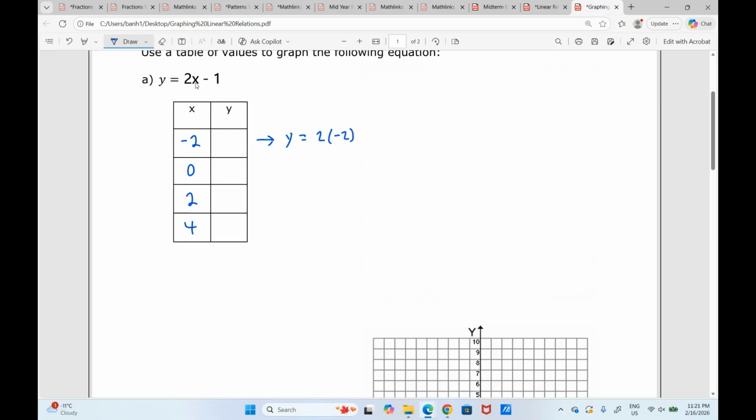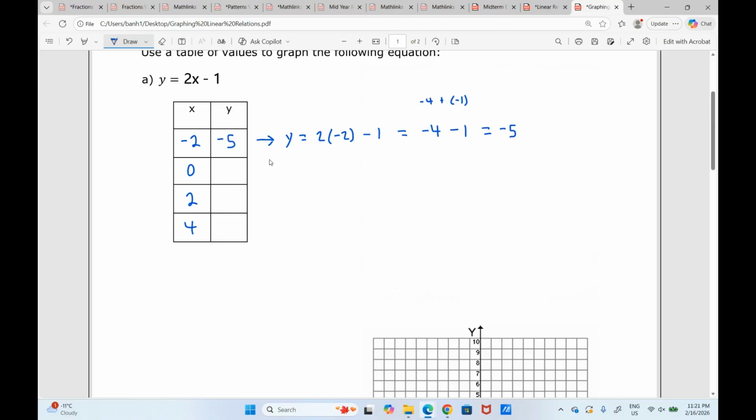I still have the -1 here, so I keep that. 2 times -2 is -4. So now I have -4 minus 1. If you recall from integers, keep, change, change. This is equal to -5. So my value of y when x equals -2 is -5.